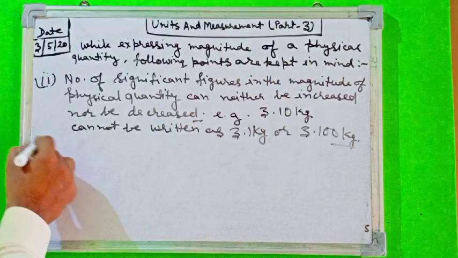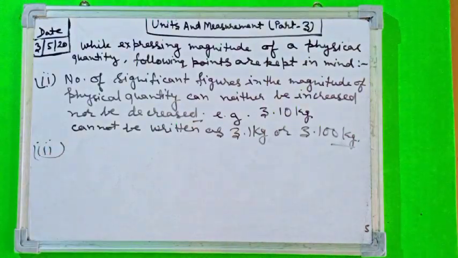The third one is, these are all observations or steps which must be followed while writing or expressing the magnitude of the physical quantities.